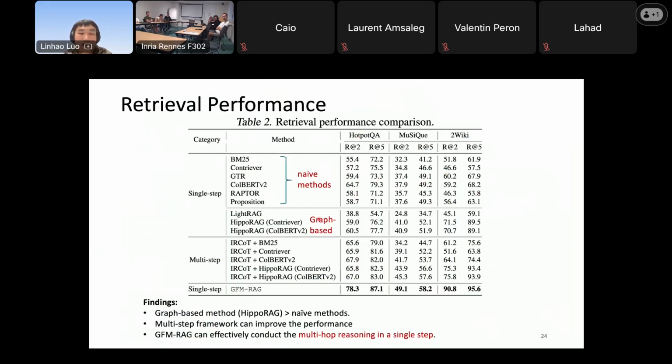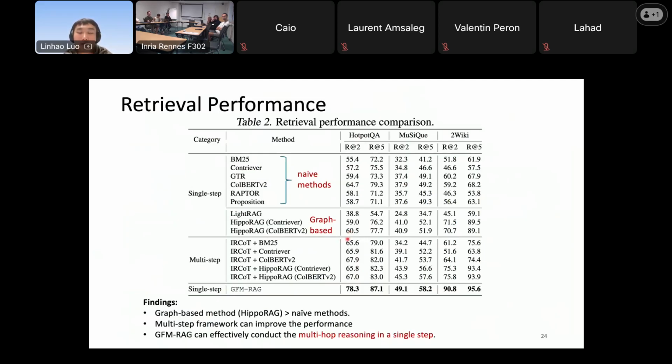And there are also some existing graph-based mechanisms, for example, HippoRAG. Because they consider the graph structure information, they can directly retrieve more relevant information, even though it is not semantically similar to the user query, because it is structurally connected.